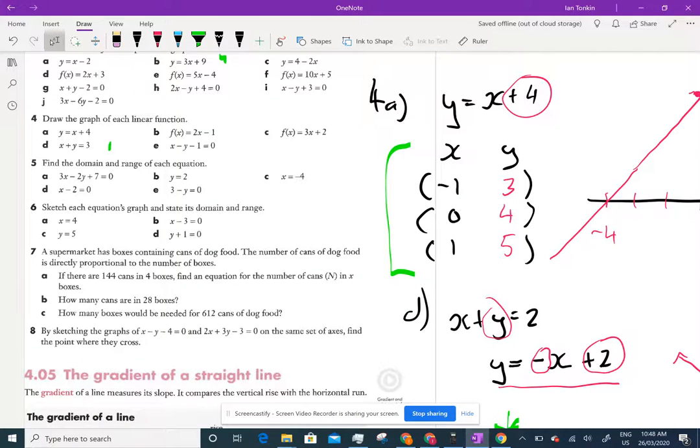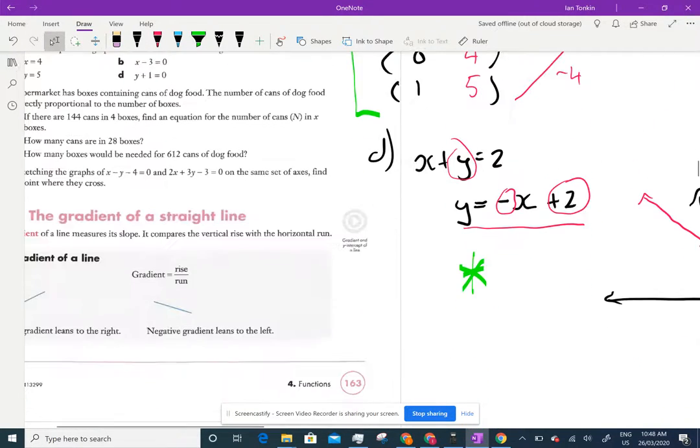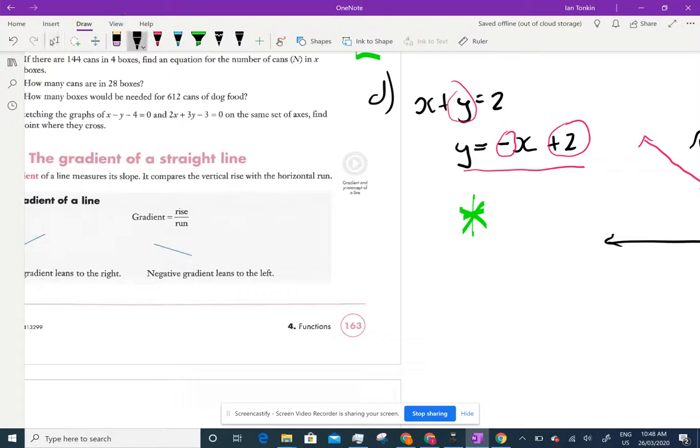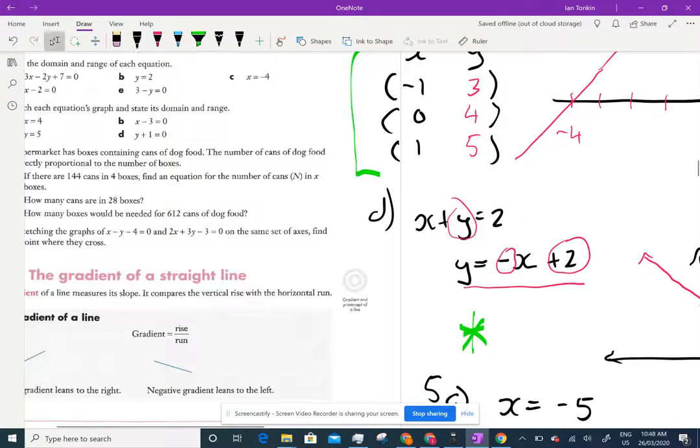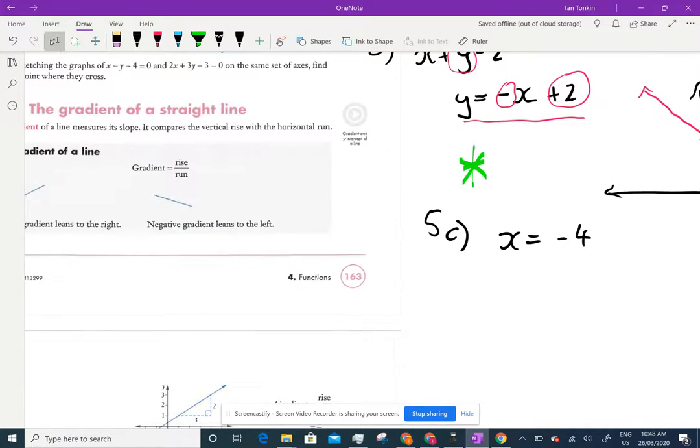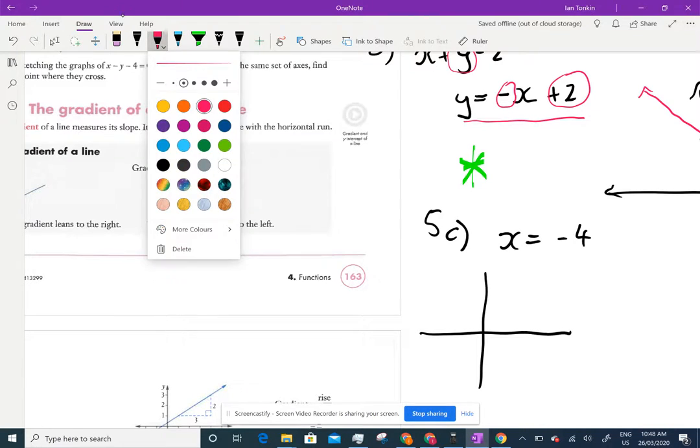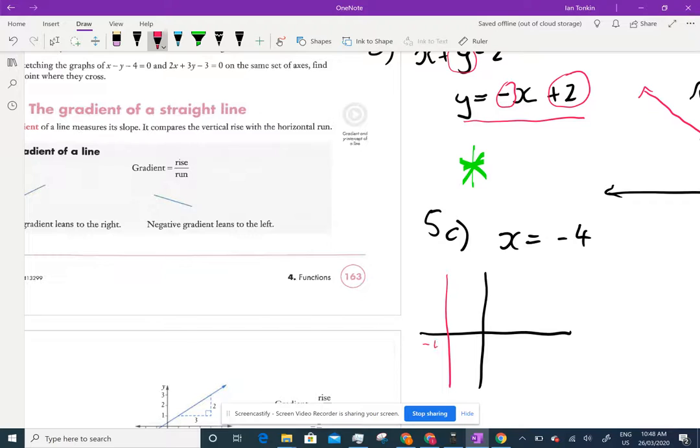So let's have a look at 5C. And 5C is x equals negative 5. Is that right? Negative 4. Well, you can graph it. Here it is. X equals -4 is just a straight line there through -4.